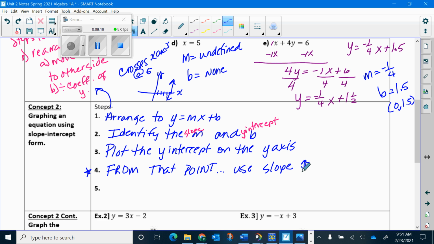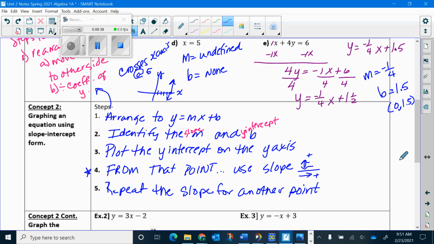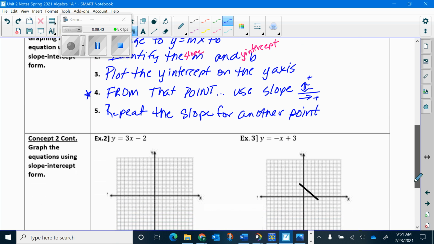Rise, up or down, and then across. So up is positive, down is negative, and then to the positive. So rise over run. And repeat the slope for another point. Similar to what I modeled at the very, very beginning. But we're going to try a few more of those down here.